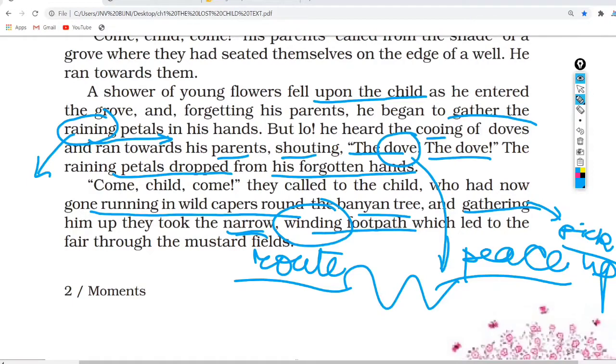Windy means zigzag. That will be leading them to the fair. This particular windy road that goes through the mustard field will be taking them to the fair. Now let us see what happens now.